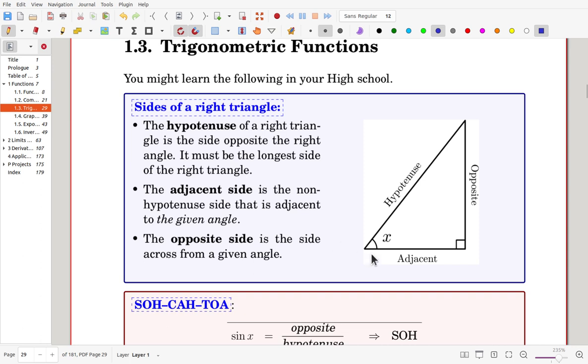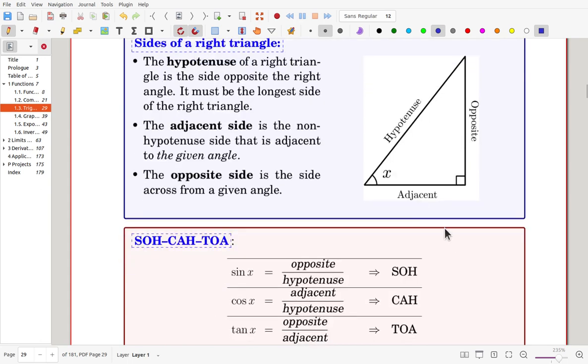Once a right triangle is given and an angle is selected, which is x, then this side is the adjacent side, and opposite is just the opposite side, and that is the hypotenuse. Then sine, cosine, tangent are defined in terms of SOH-CAH-TOA.